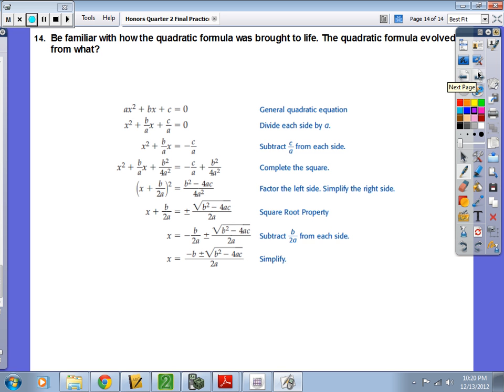That's it. Quadratic formula. Be familiar with how it was brought to life. The quadratic formula evolved from what? It evolved from completing the square.